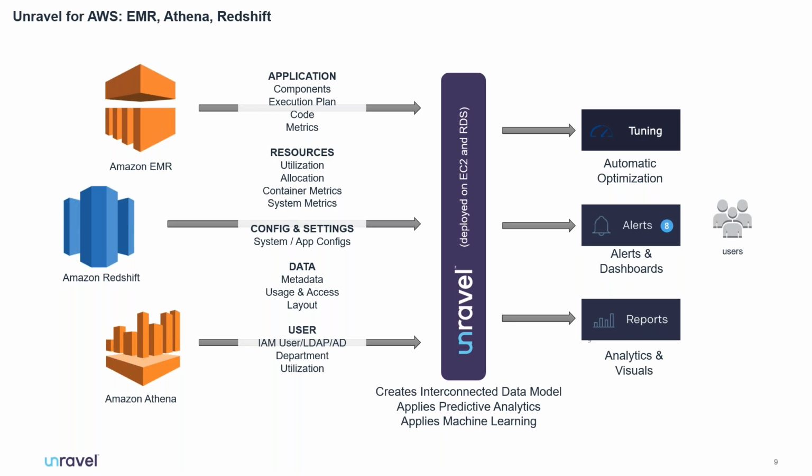And I wanted to spend just a few minutes on the differentiators between Unravel as an optimization tool versus other tools or other methodologies that you may be employing. So really the secret to Unravel is the fact that we not only aggregate and collect system level information, let's say for your cloud infrastructure, your CPU utilization, as well as your memory utilization and metrics for containers and such.